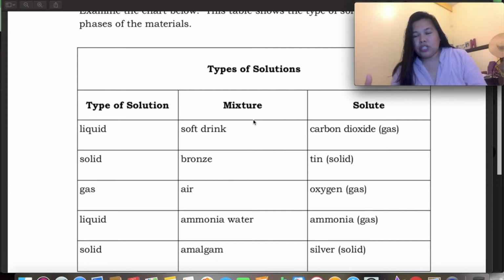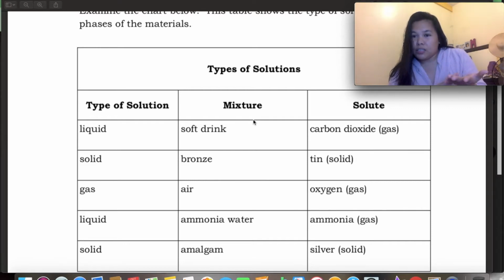When we say solution, it has a formula. In math there is a solution, and in science there is also. The formula of the solution in science, or should I say the mixture, is solute plus solvent equals solution. So that's it. The solute is a powder or anything.